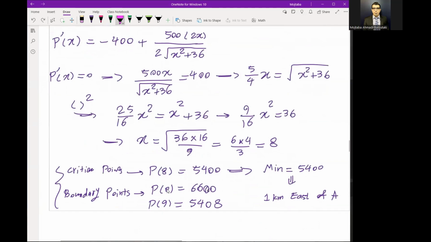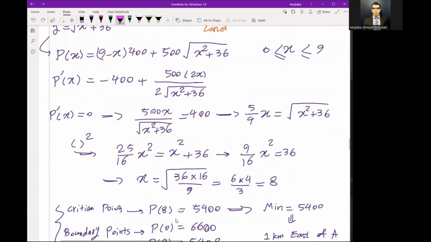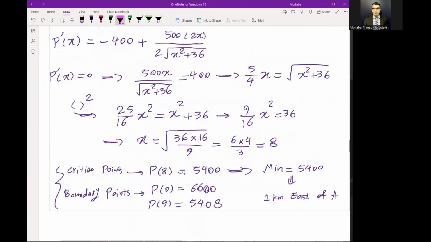Don't forget, we also have 0 and 9 as possibilities. So we're going to substitute the P in these values, right? In our P(x) function that we have in here. If we substitute 8, our critical point, we get the cost of $5,400. If we plug in 0, we get the cost of $6,600.